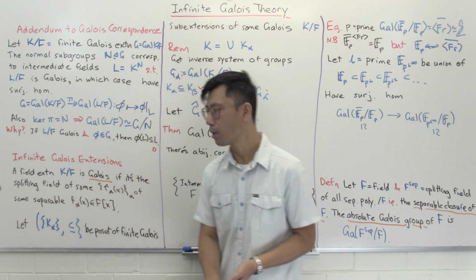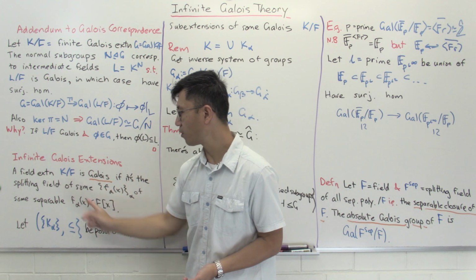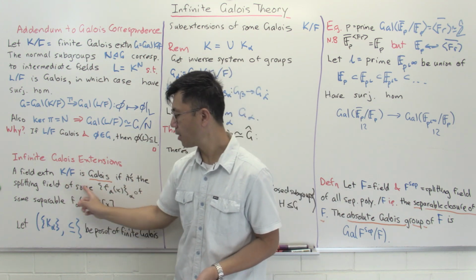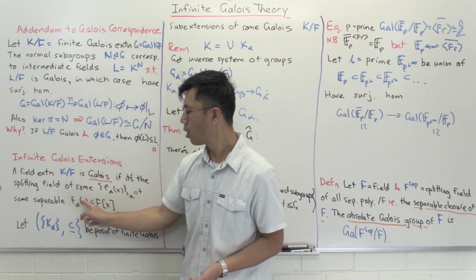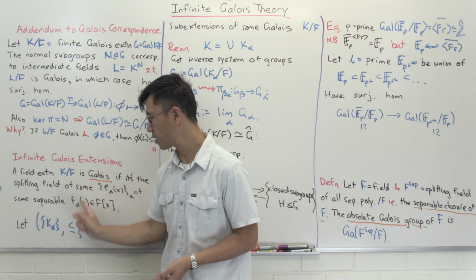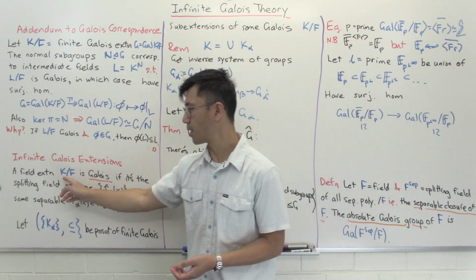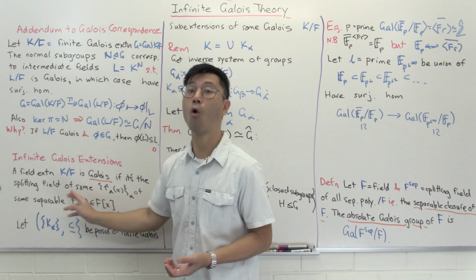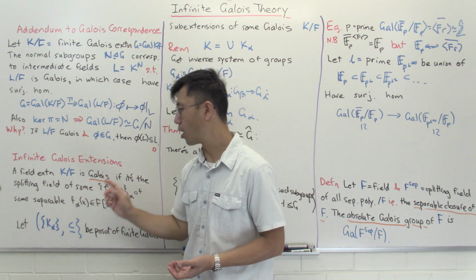Each of them is separable, and to be the splitting field of this means that in K, all of these polynomials will factor over K into linears. So it certainly splits. And it's the smallest such field in the sense that it's generated by the roots of all of these polynomials.